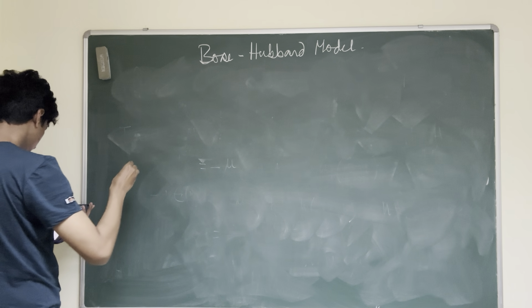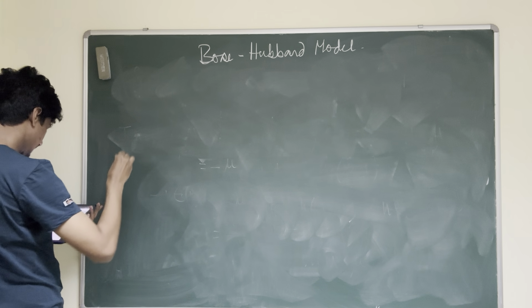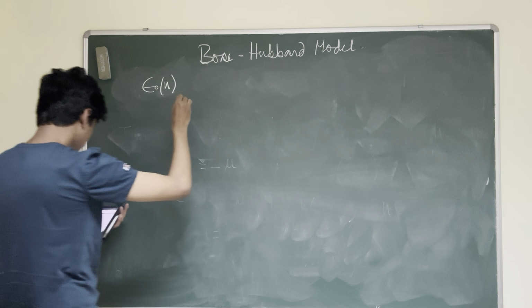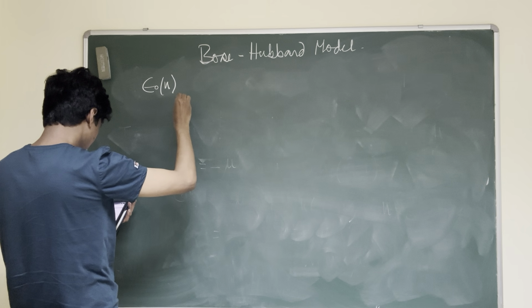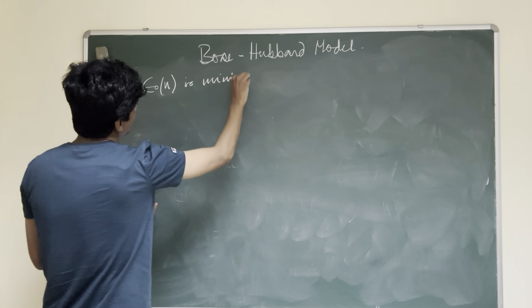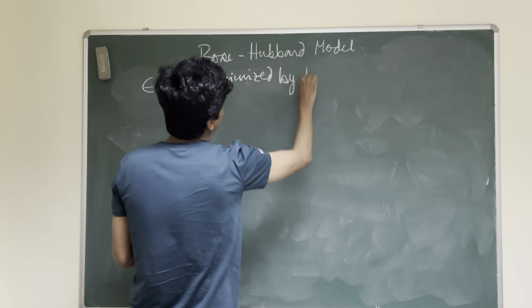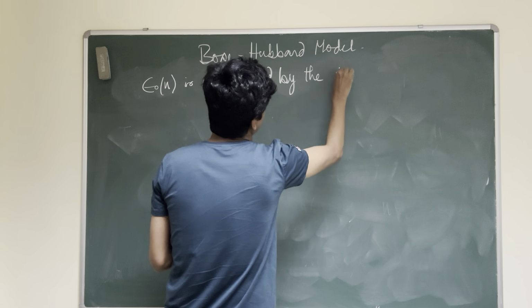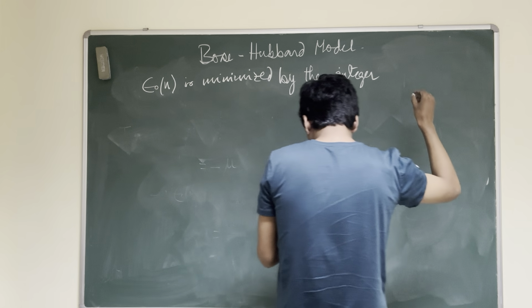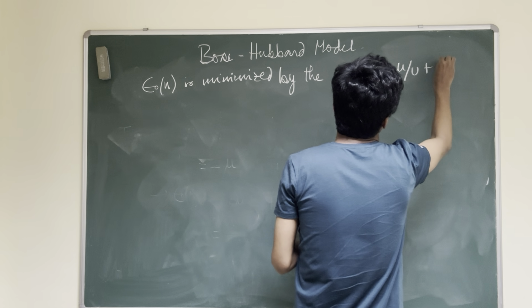After minimizing, epsilon naught n is minimized by the integer, which is maybe mu by U plus half.